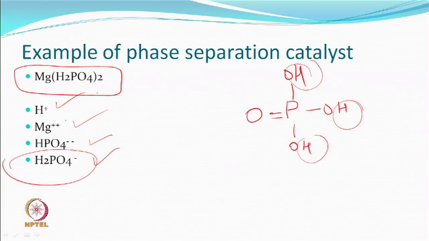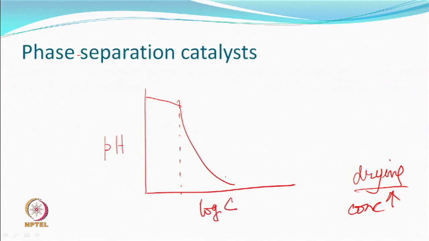The moment the other compound, which is magnesium hydrogen phosphate, this has a low solubility, it precipitates, and therefore equilibrium shifts and more protons are produced, and we will get a phase separation and a pH change which will look something like this.